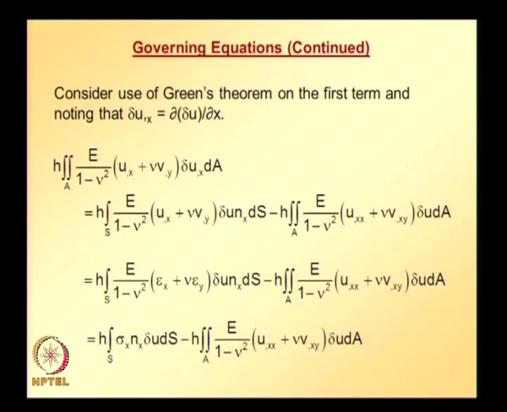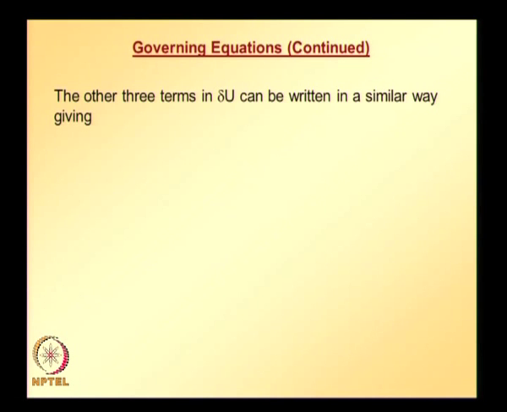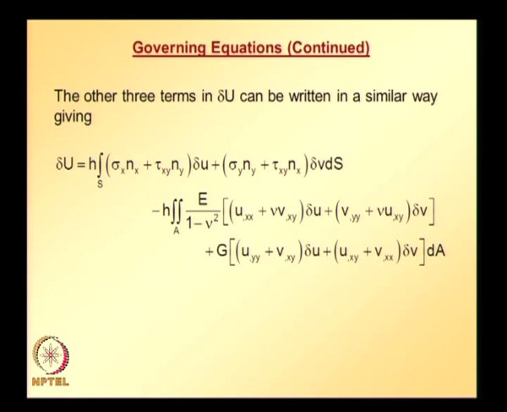So, this is only the first term of U. Other terms can also be written in a similar way, and then finally the variation of strain energy is given by this one. Now we need to find the variation of work done by the applied forces.